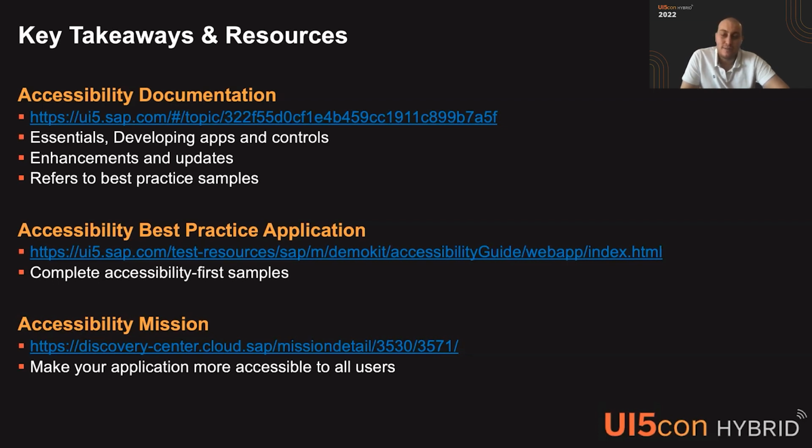We also saw, and in my opinion the most important topic, the accessibility best practice application, as it illustrates completely accessibility first samples that will help you in many cases. And of course, the accessibility mission, which will teach you how to make your application more accessible, completely practically.